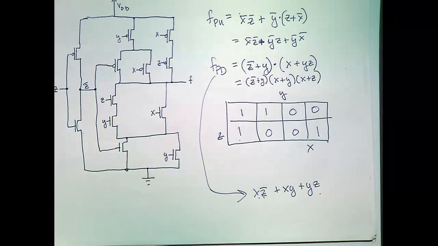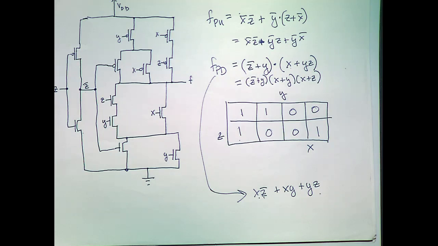No. Why not? What's wrong with it, Caitlin? Looking at the logic expression, if you're going to pull up x bar z bar or y bar z or y bar x bar, you can simply simplify that and get rid of one.